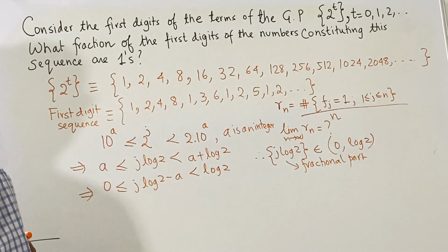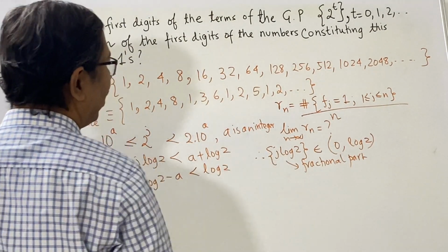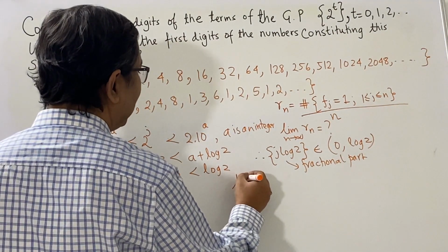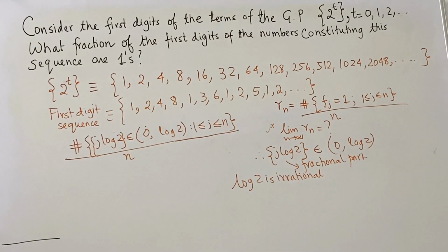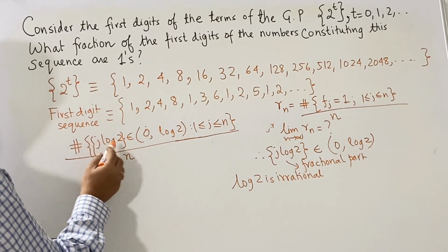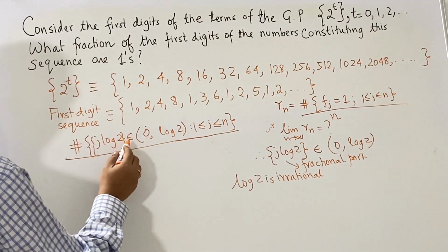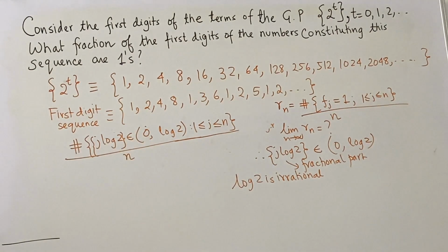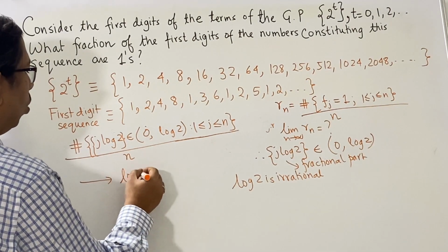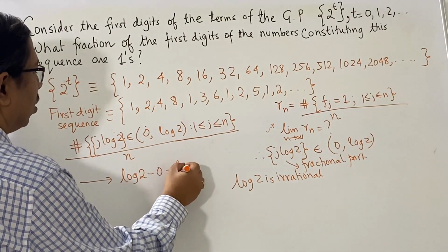Now, we are looking at the sequence j log 2, and remembering the fact that log 2 is irrational, if we consider this ratio, the number of fractional parts of j log 2 which belong to the interval 0 to log 2, where j lies between 1 and n, divided by n, then this quantity converges to log 2 minus 0, which is log 2.